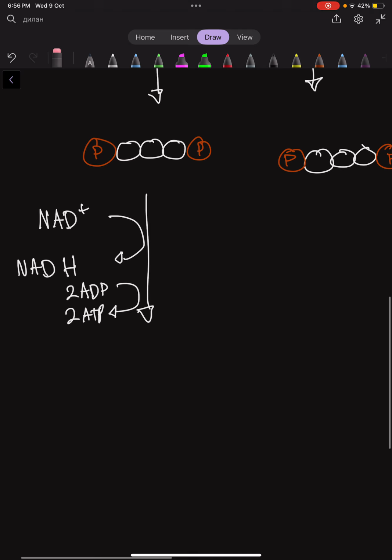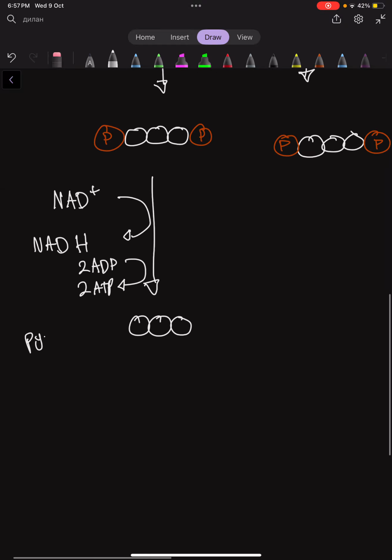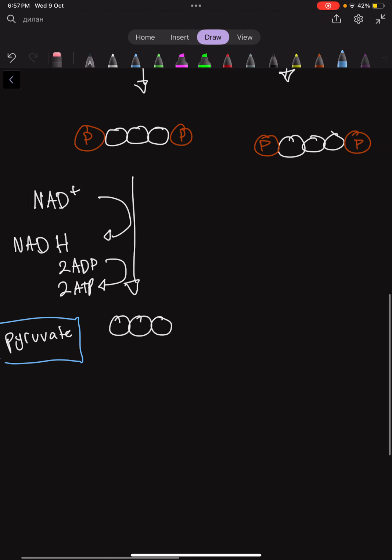So if we take 1 phosphate off for 1 ADP and get 1 ATP, then we take another phosphate off and we end up with 2 ATP right here. We've just shaved both P's off to get 2 ATP, which means we're just left with this 3 carbon thing. Now this you do need to know the name of. It is called pyruvate.